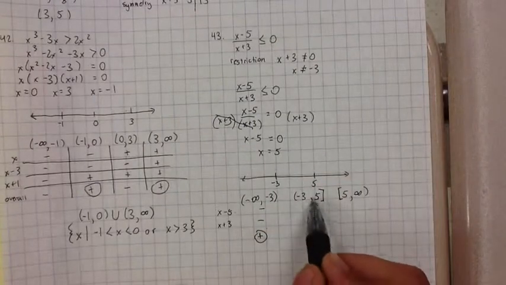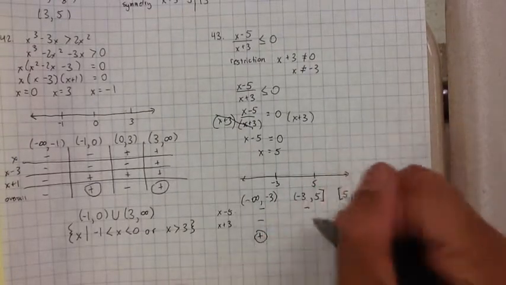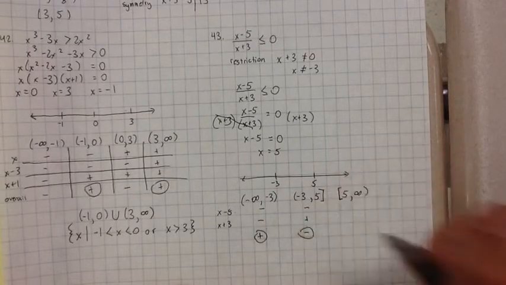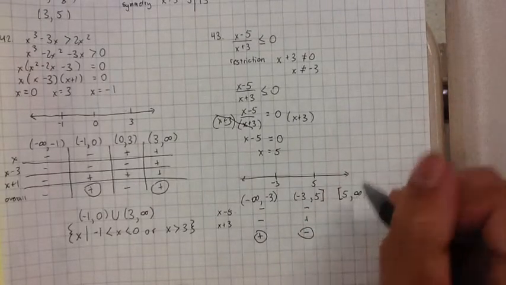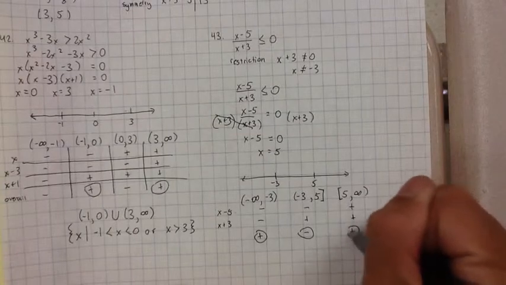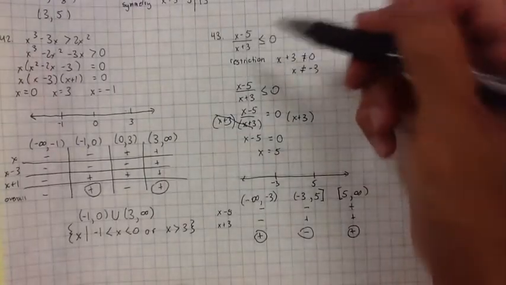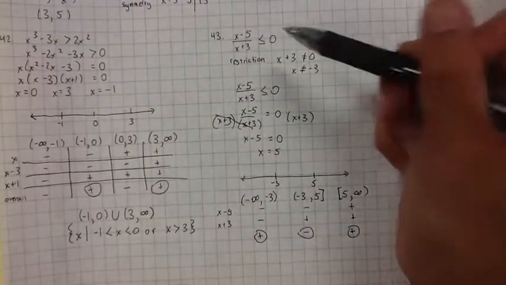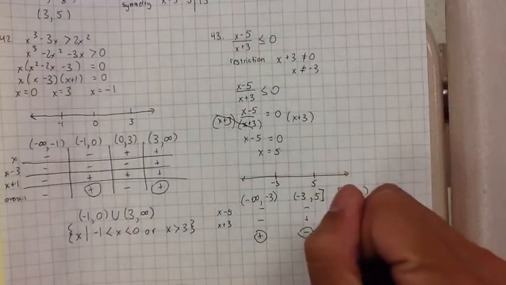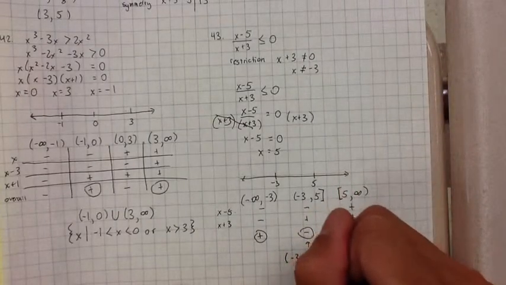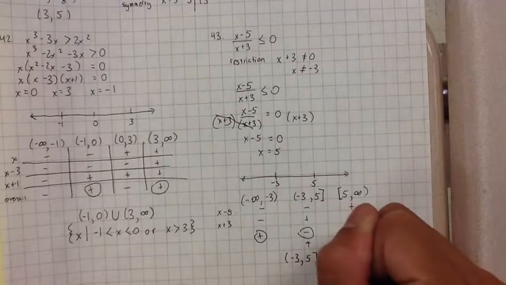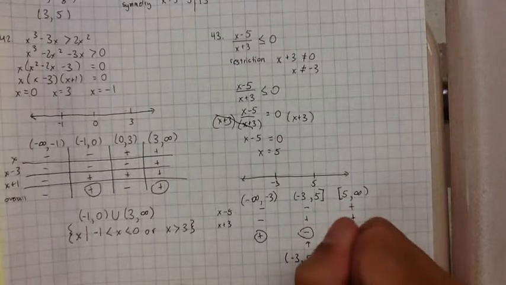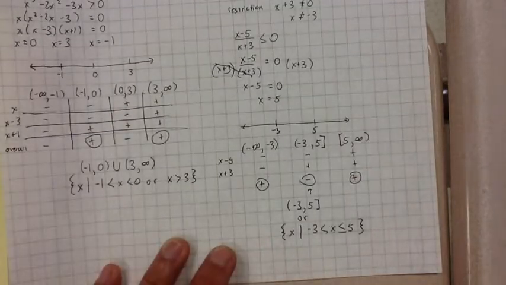If I have 0, -5 is a negative, positive 3 is a positive, which overall makes a negative, and 6 would make a positive, positive, and overall 2 positives, 1 over each other, is going to make a positive. Which one of these are less than 0? Well, it's just this one. So my answer is just -3 to 5 with a bracket here. Or in set builder, okay, that's 43.